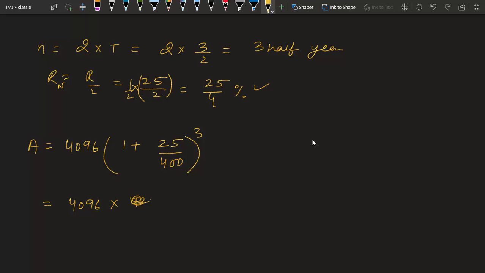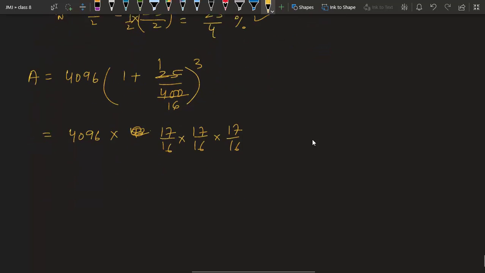We can solve it further because in this case nothing is cutting. 25 ones are 25, 25 sixteens are 400. So we have got 16 plus 1, 17 upon 16, into 17 upon 16, into 17 upon 16.